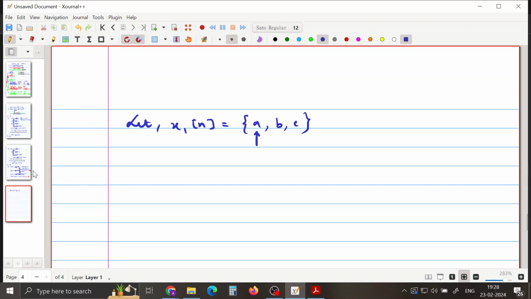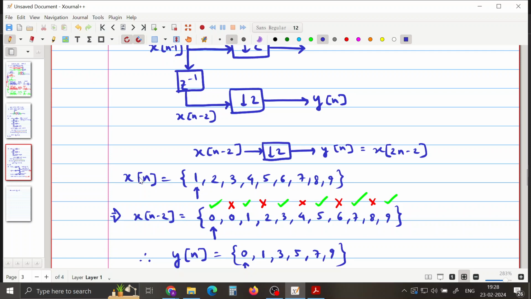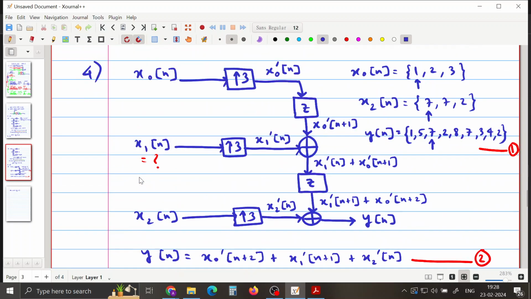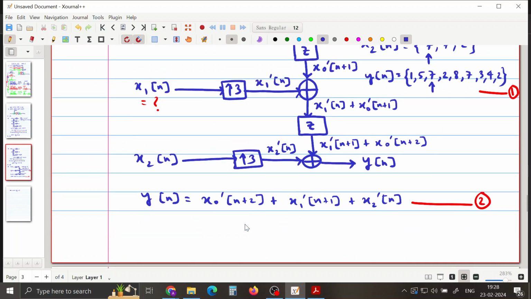We'll go back to the diagram and gradually arrive at y of n. We'll first find x naught prime of n, and basically go branch by branch.